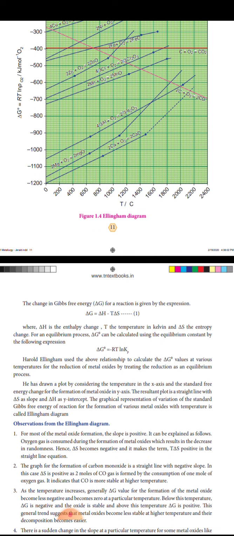He drew a plot by considering the temperature on the x-axis and the standard free energy change for the formation of metal oxide on the y-axis. The resultant plot is a straight line with delta S as a slope and delta H as a y-intercept. The graphical representation of variation of the standard Gibbs free energy of reaction for the formation of various metal oxides with temperature is called the Ellingham diagram.